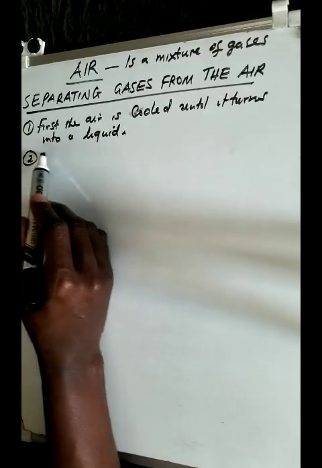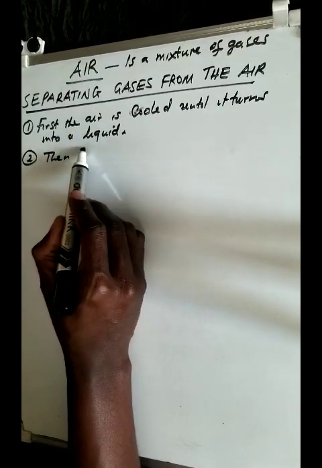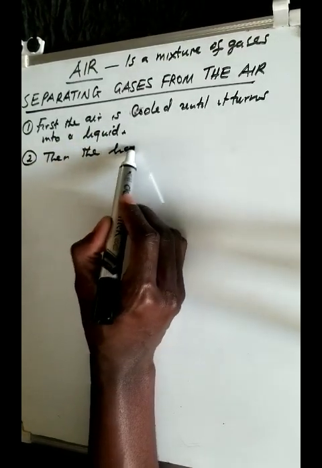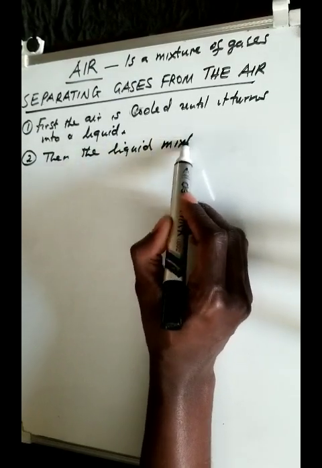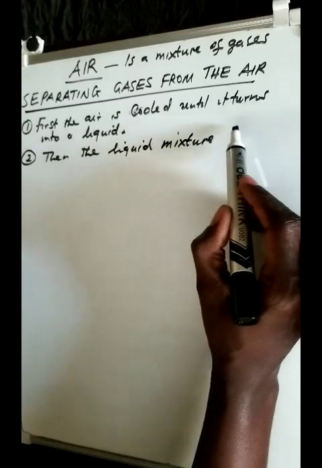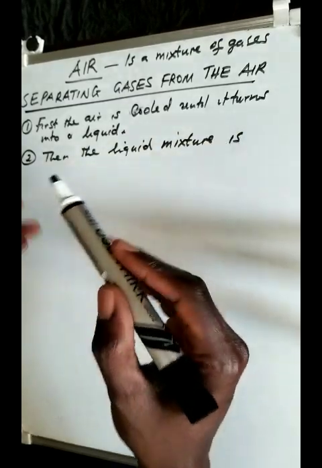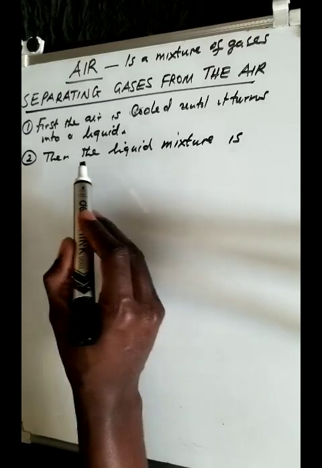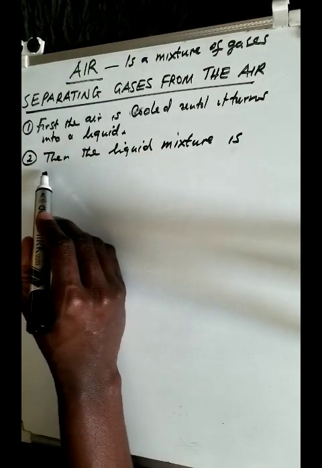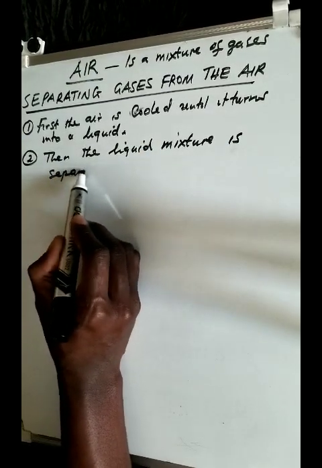Then the second step is that the liquid mixture is separated using a method called fractional distillation.